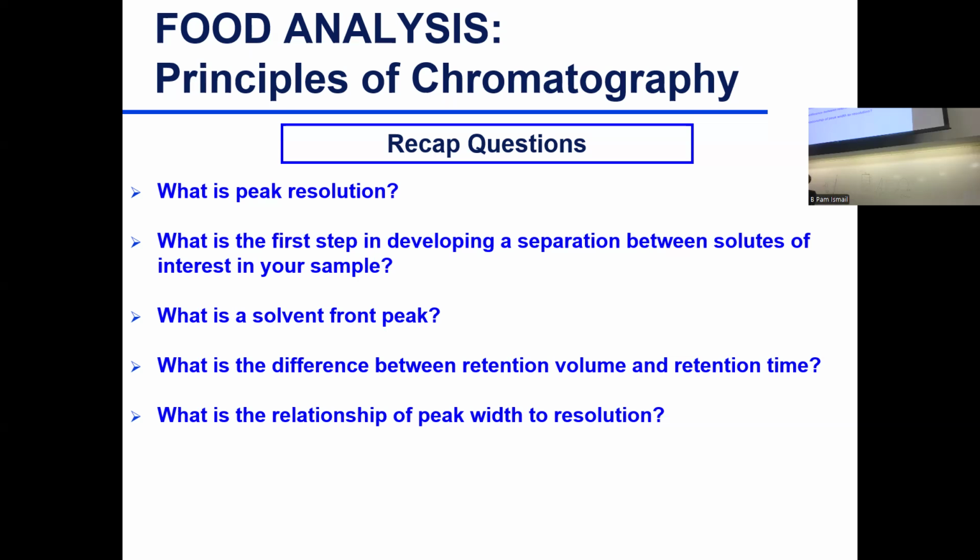So this is important to understand because it helps you understand the next things I'm going to talk about. Does anybody want me to repeat this one? Do we understand what happens if the solute spreads throughout the stationary phase instead of moving with the mobile phase and reaching equilibrium fast?